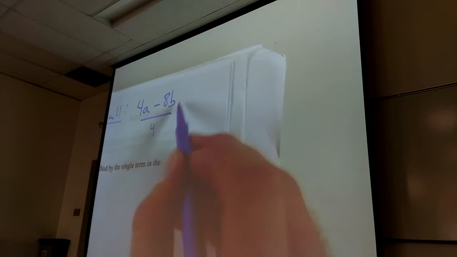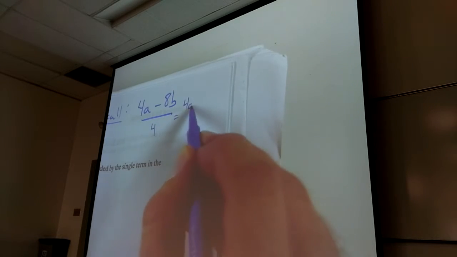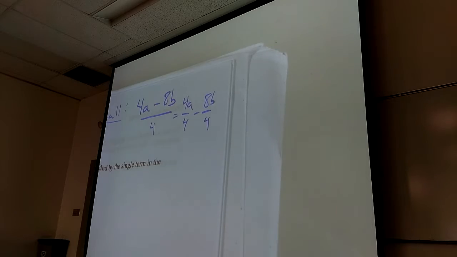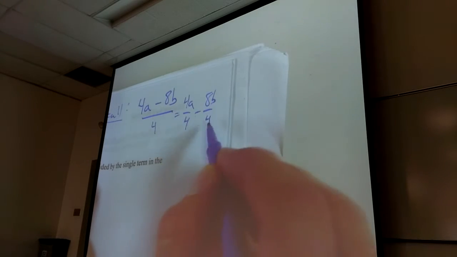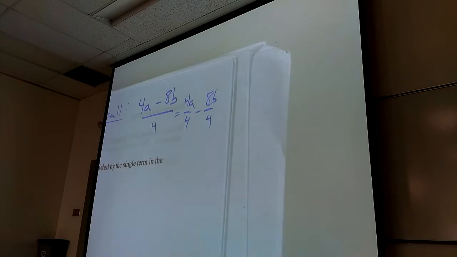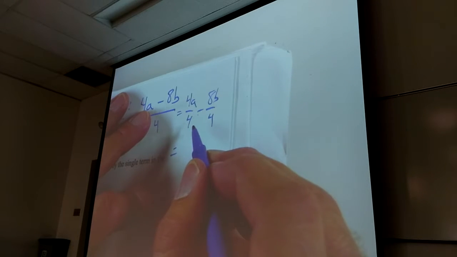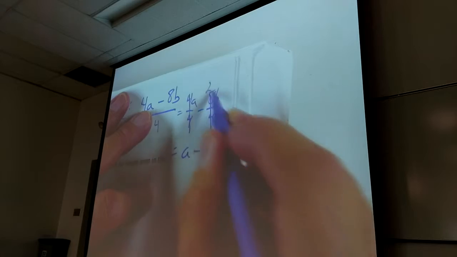So the best way to do this, to make sure you don't make a silly mistake, is to say this is 4a over 4 minus 8b over 4. See how that's kind of like undoing subtraction of fractions? 4a over 4 minus 8b over 4 would equal 4a minus 8b over 4 because they have like denominators. So I can just tear them back apart. And now I can divide this. What do I get here? I get a minus 2b.